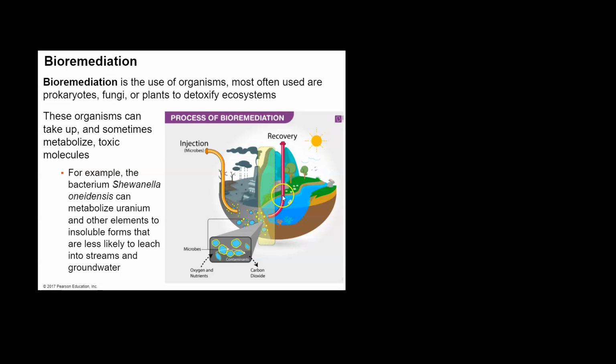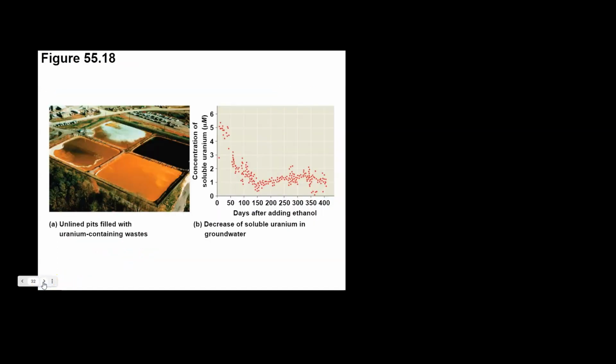And these organisms specifically take up, sometimes they're actually metabolizing the toxins themselves. An example of this is this bacteria that can metabolize uranium and other elements from an insoluble form into one that is less likely to leach into streams and groundwater.